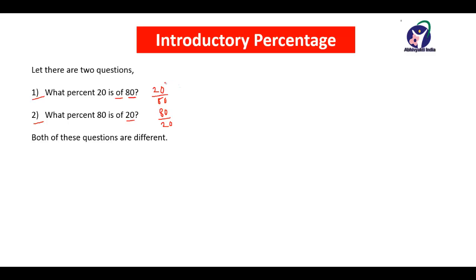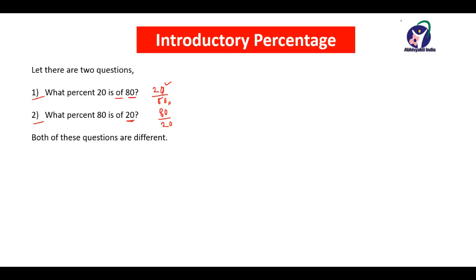Since "of" is followed by 80, the base is 80, so it will be 20 by 80. And in the second case, "of" is followed by 20 and therefore the base is 20, so it is 80 by 20.